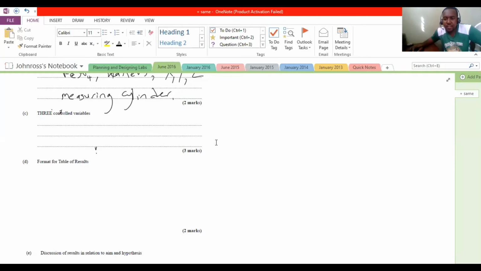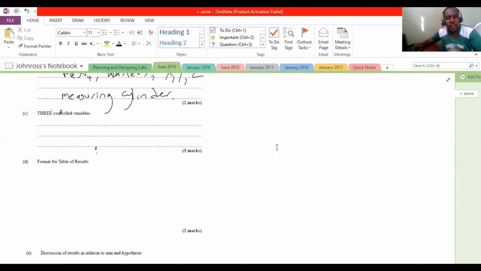Well, not a pipette for this case. The measuring cylinder will do perfectly. We only use a pipette for titration. In any other experiment to measure the volume of a liquid, we just use the measuring cylinder.